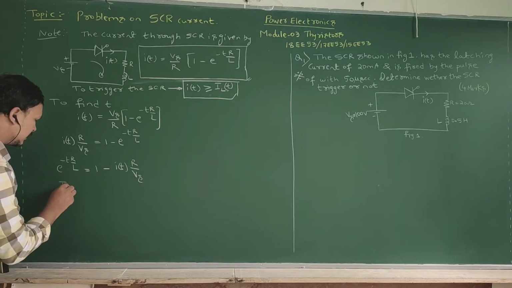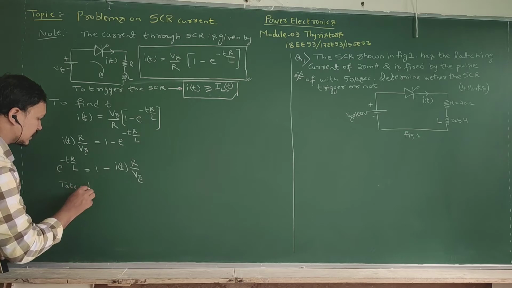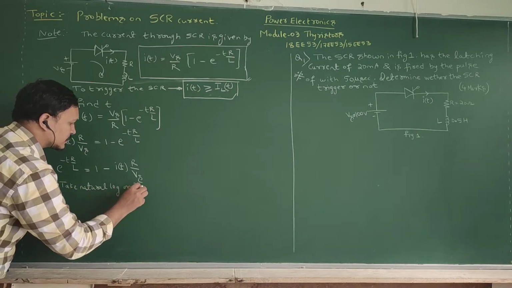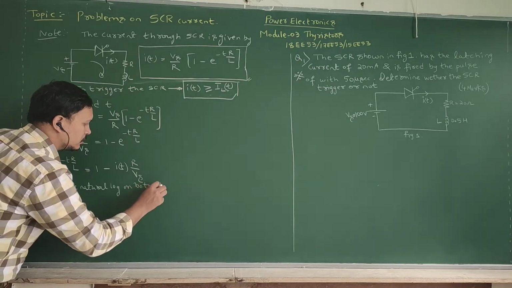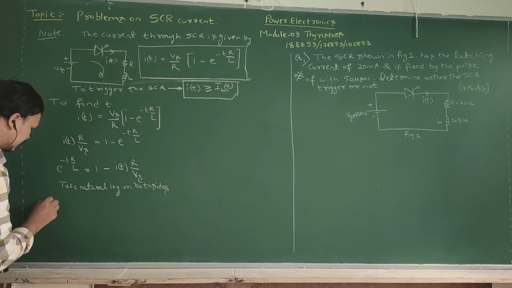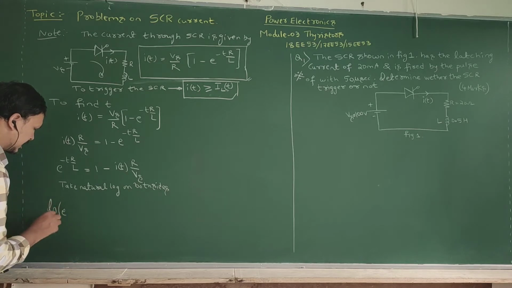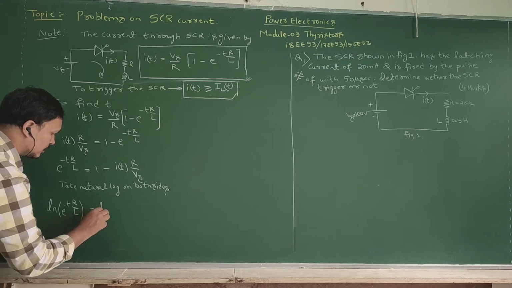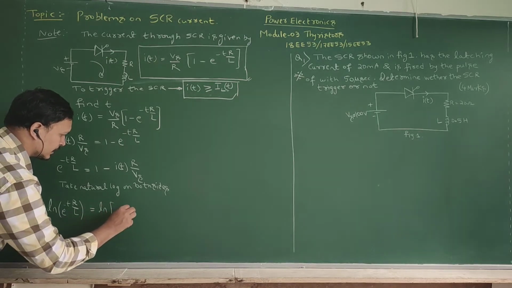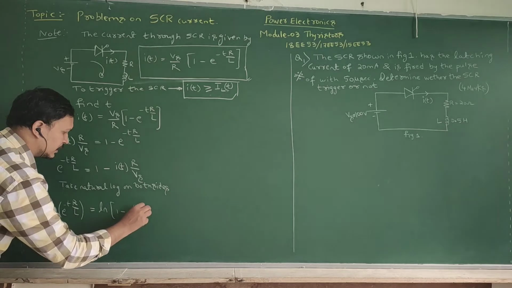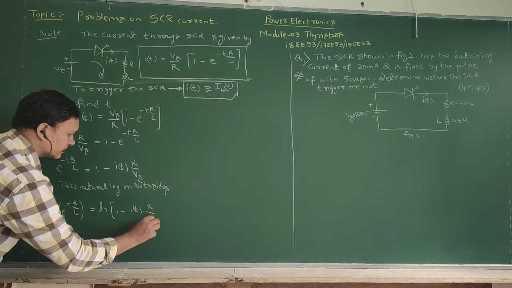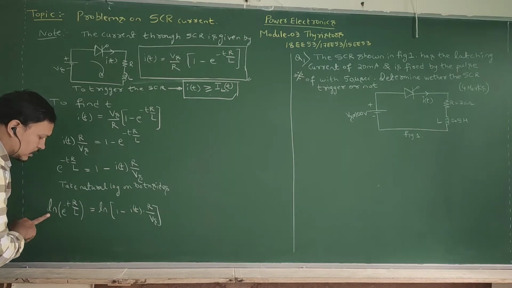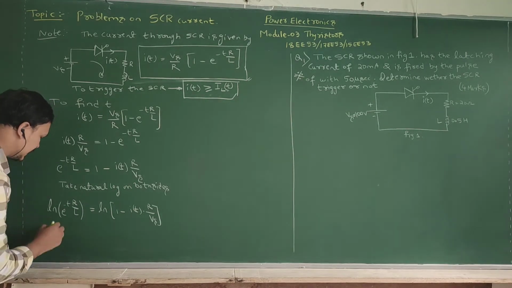Now take natural log on both sides. If I take them like that, then we can write ln e to the power of minus t R by L is equal to ln within the bracket 1 minus I of t into R divided by Vs. So if I take one natural log and one exponential e, they will get cancelled.